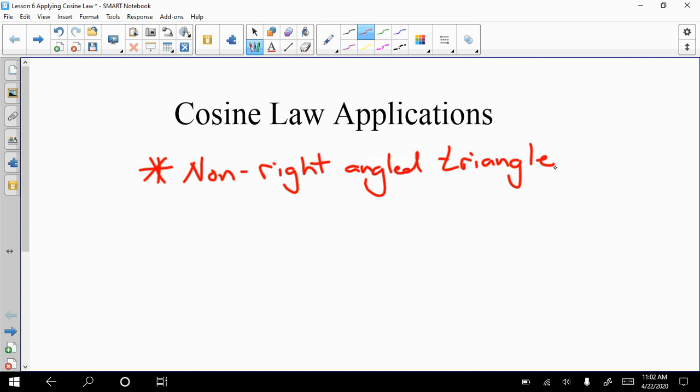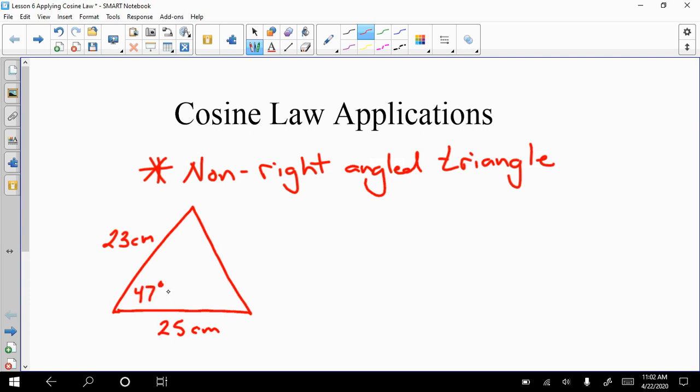So there are two circumstances where you're going to have to use the cosine law. One of them is, I'll just draw two non-right angled triangles here. There's not that little square in the corner, so you can't assume anything here. In this triangle, let's say this side was 23 centimeters, and this side was 25 centimeters, and this angle right in here was 47 degrees.